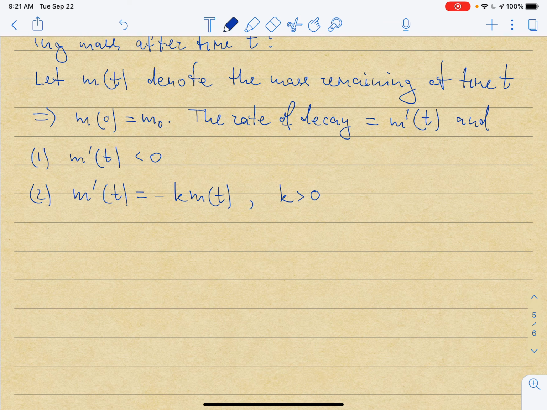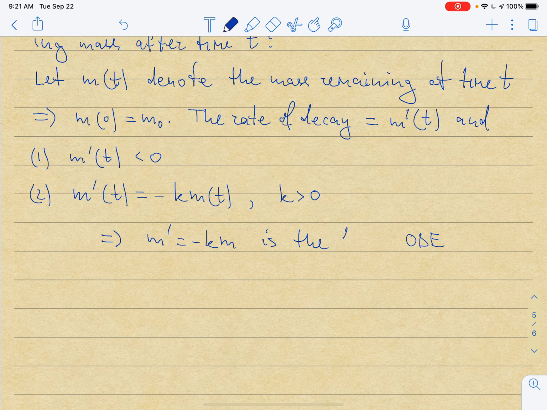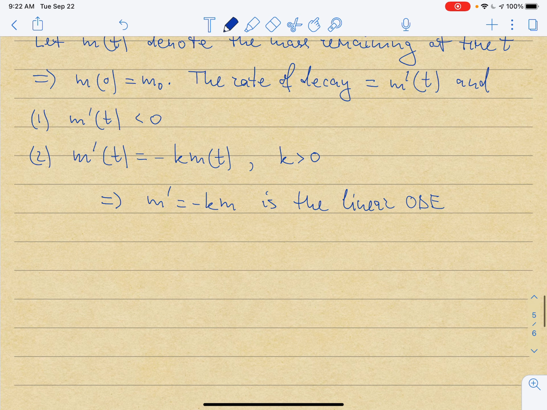All right, and so then what we're getting is that m prime equal to minus k m is the ODE. And not just an ODE, again, if you look at it carefully, you see that this is a linear ODE governing radioactive decay.